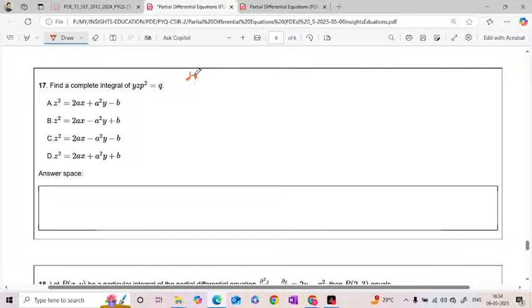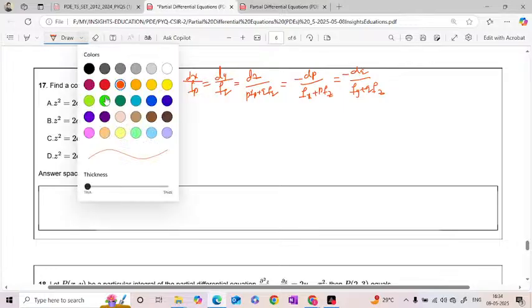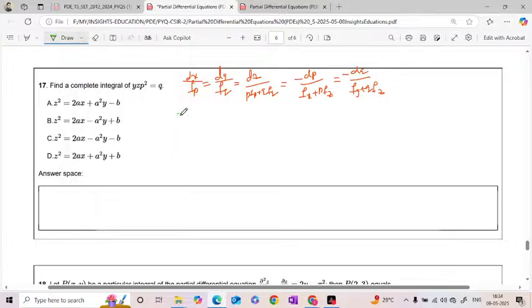No. So dx by fp and dy by fq and dz by p fp plus q fq and minus dp by fx plus p fz and minus dq by fy plus q fz. After substituting all this, better to simplify from the last, right to left.